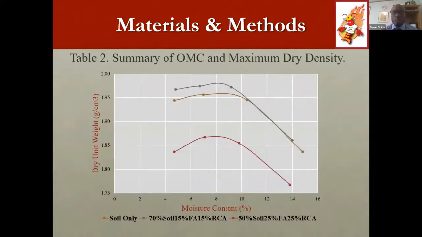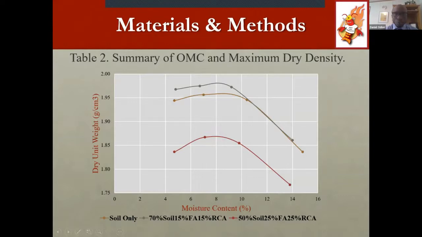Part of our preliminary testing was the OMC and the maximum dry density. From what we found during this testing, our dry unit weight first increased when we increased the RCA and fly ash content by 15%, as you can see from the graph on the screen.